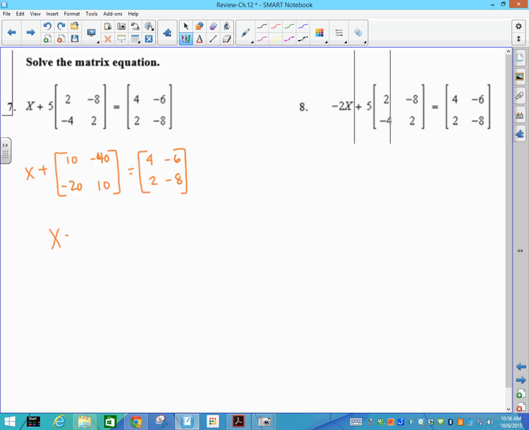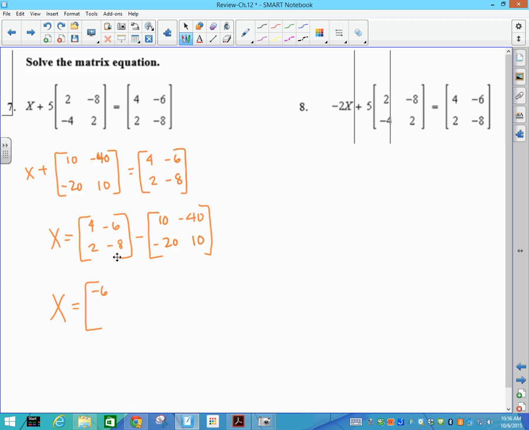So x equals 4, negative 6, 2, negative 8. And I'm going to subtract this matrix: 10, negative 40, negative 20, and 10. So my final answer will be 4 minus 10, which is negative 6.